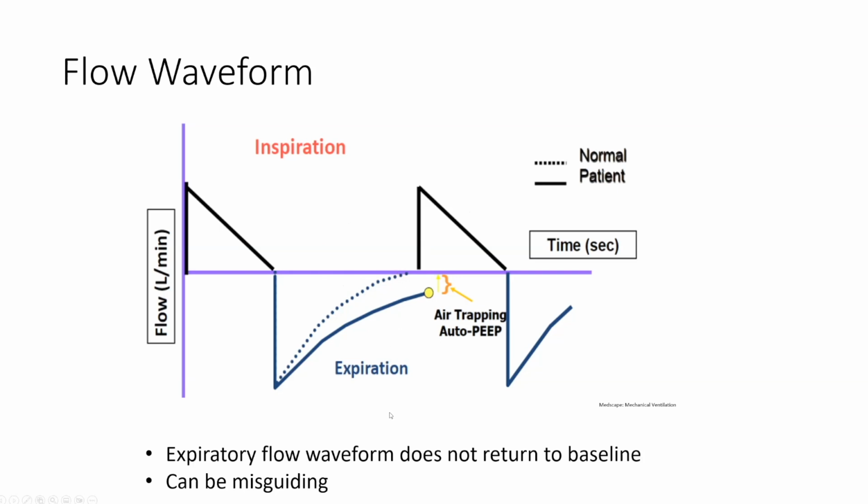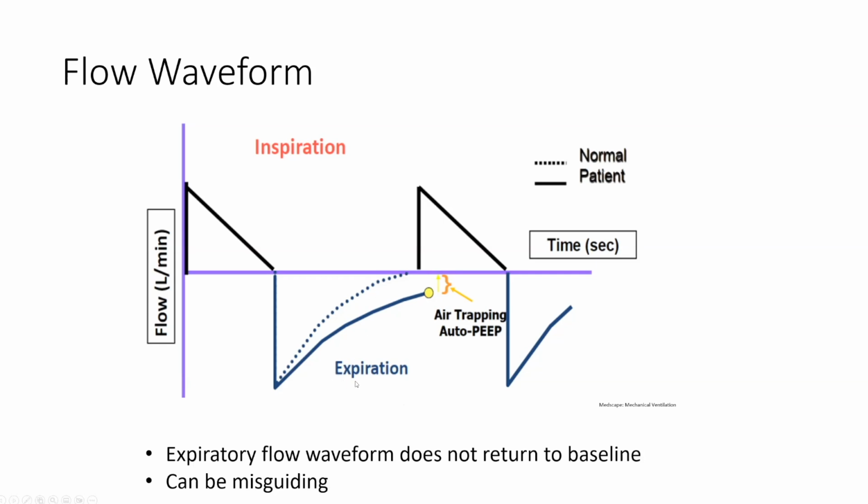And they're generating auto-PEEP, and quite frankly, a lot of these patients you'll see actually have some degree of hemodynamic collapse. Their blood pressure is on the lower side, they're tachycardic. It's one thing to keep in mind when you're going through your algorithm on the ventilator on what can be wrong with these patients, how to resuscitate them, and is it a resuscitation issue, or is there something else that we need to do to make the patient more comfortable so that they're not breathing as hard and creating so much auto-PEEP that could be hindering their hemodynamics.